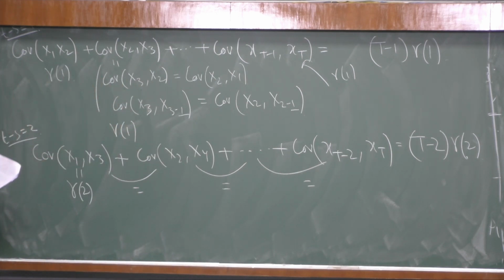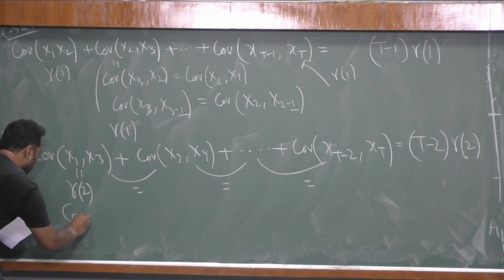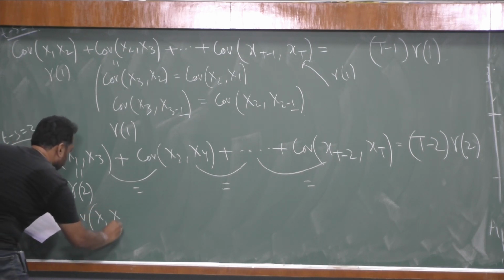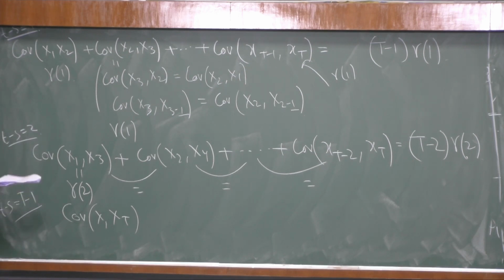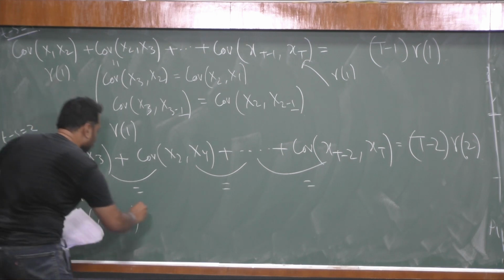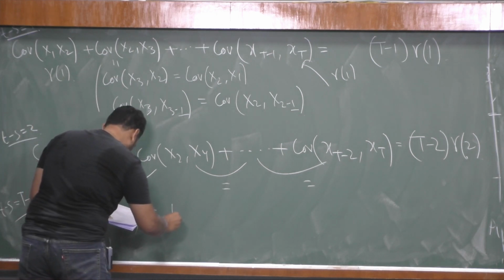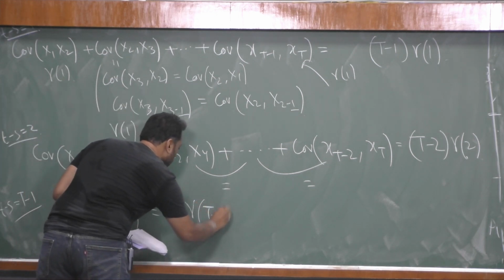This way we can keep doing this, and then we can look at the case where t minus s is t minus 1. In that case we are looking at the covariance of x1 xt. There is only 1 term, and this term is nothing but gamma t minus 1.